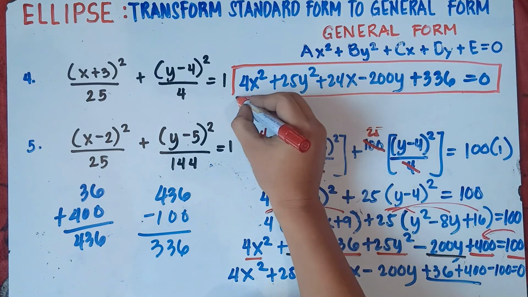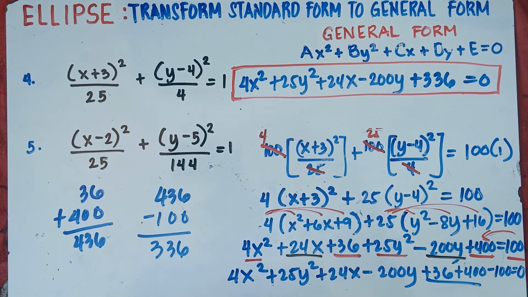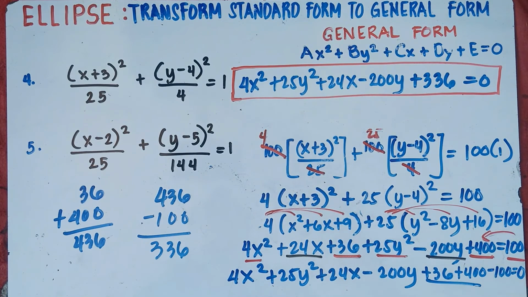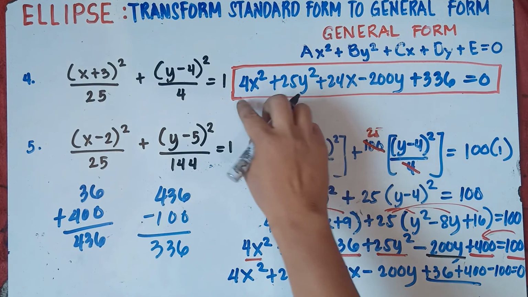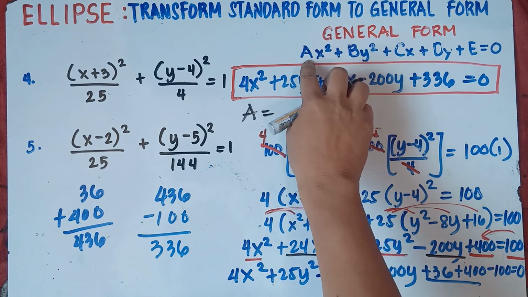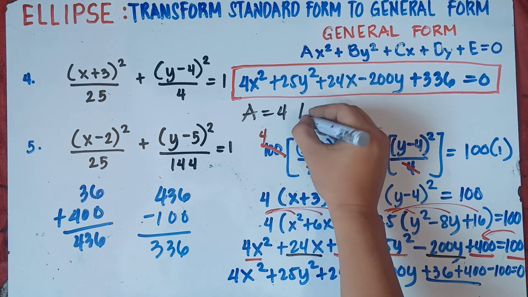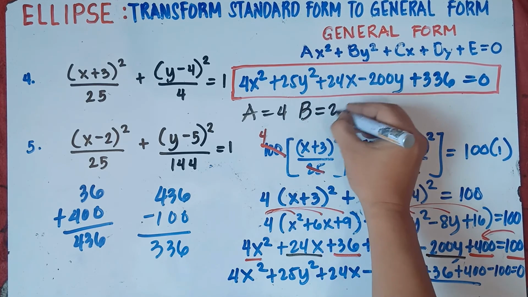Quite tricky, right? But if you do it step by step, I'm sure you understand this one, class. Alright, so if the teacher will ask you to find the value of A, B, C, D, and E, let's find the value of A, B, C, D, and E. So our A is beside x squared. So our A is 4. Our B is beside y squared. So our B is 25.